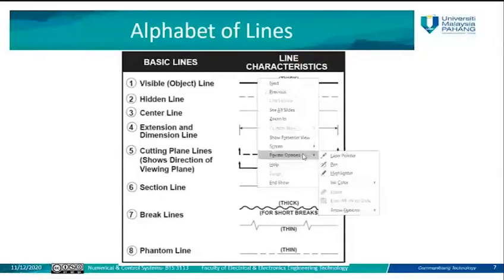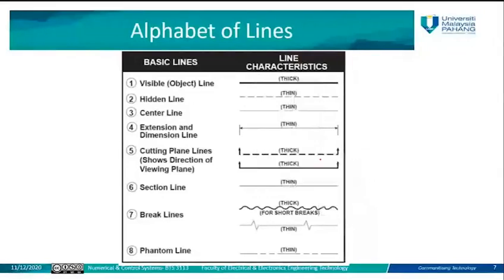These lines can be a continuous line, a dash line, a hidden line, a center line. Some lines are thick, some lines are thin, some continuous, some have dashes and so on. Some also have break lines in the engineering drawings.